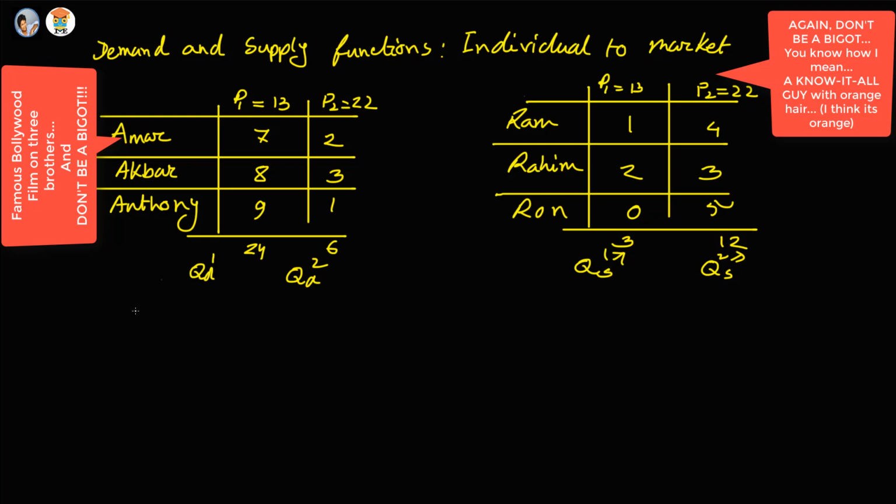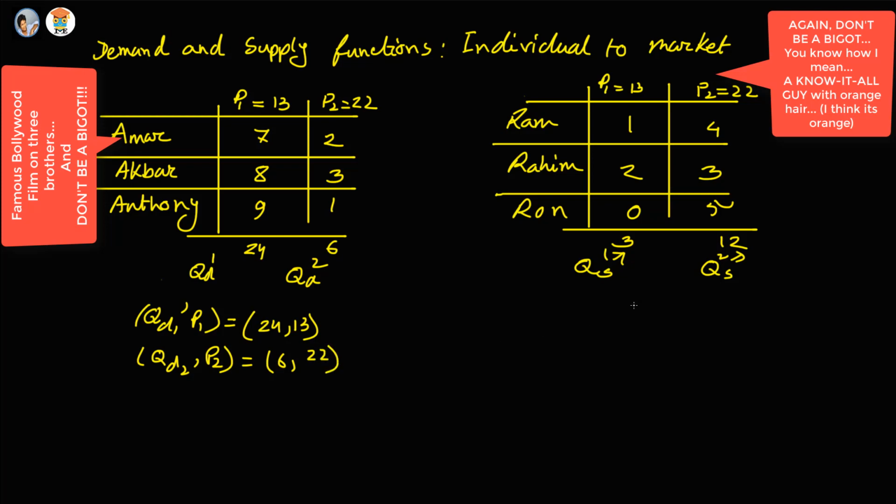Therefore, we can have two points here for quantity demand in the market. If we assume that there are just three individuals in the market who demand apples, the first point is QD1, P1, which is 24, 13, and the second point is QD2, P2, which is 6, 22.